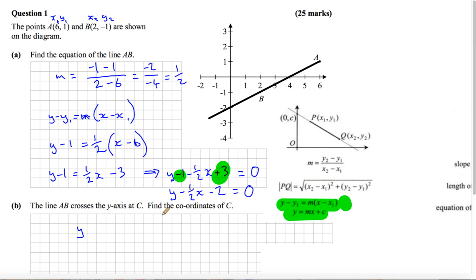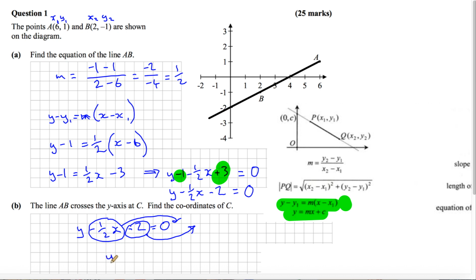Okay, and now when I rearrange this, so I've got y minus a half x, I'll just write it out again, minus 2 equals 0. If I bring both of these terms over, in other words, if I bring this term over, it becomes positive, and bring this term over, it also changes sign.